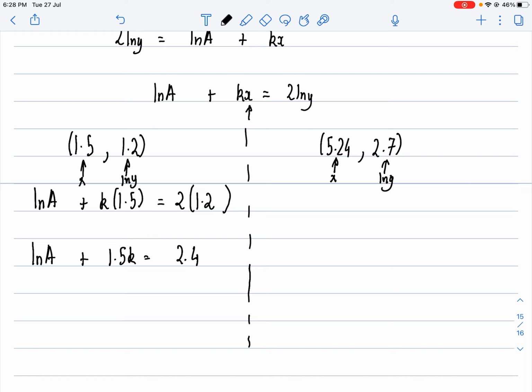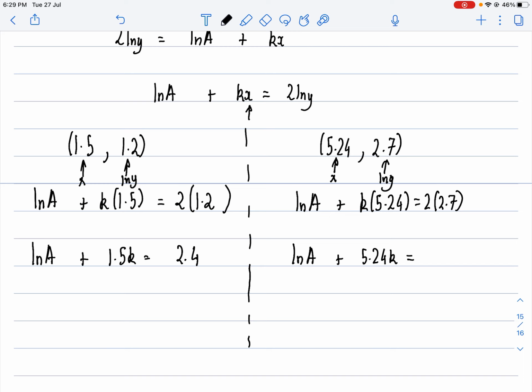And here I can go to the next coordinate, which I can write as ln a plus k into 5.24, which is equal to 2 into 2.7. So I can simply write this as ln a plus 5.24k, which is equal to 2 into 2.7.